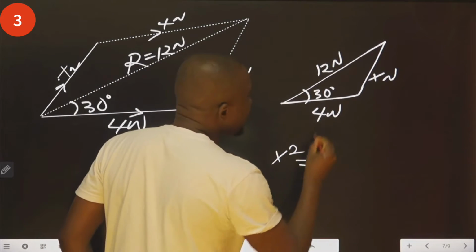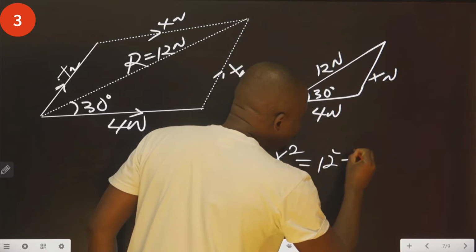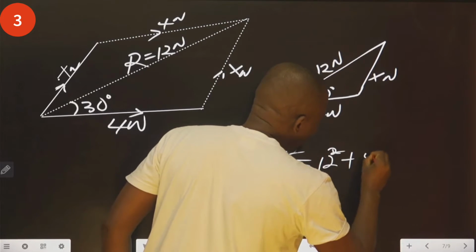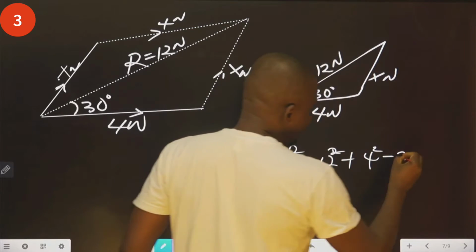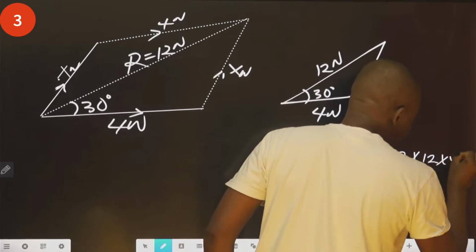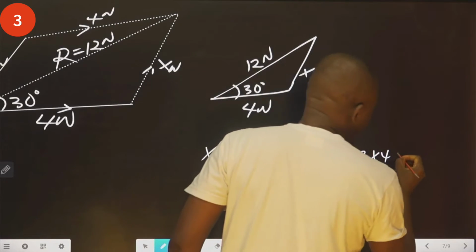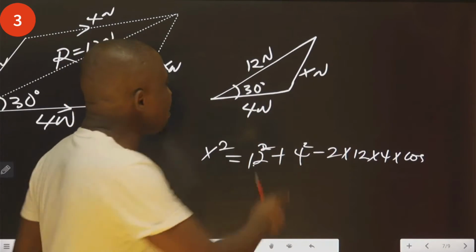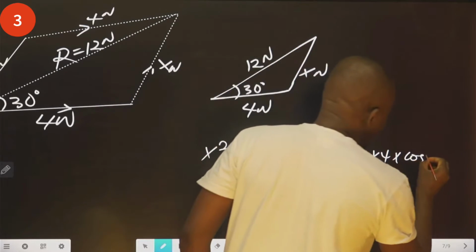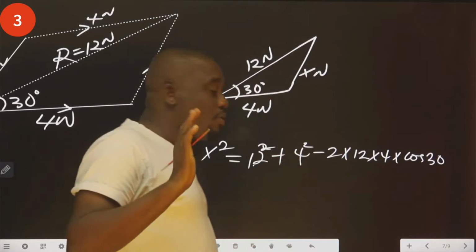Put square on top. The remaining lines, put square for them too by adding them like this. Then you say minus 2, 2 of them, the ones you know, the cosine of the angle that is facing what you are looking for. This is what you are looking for. This is the angle that is facing it. That is all. Okay?